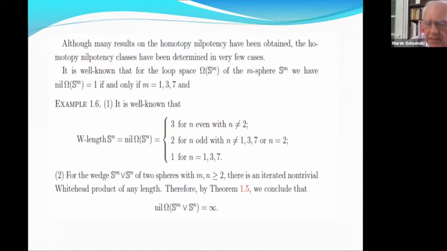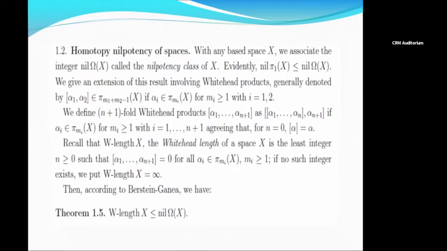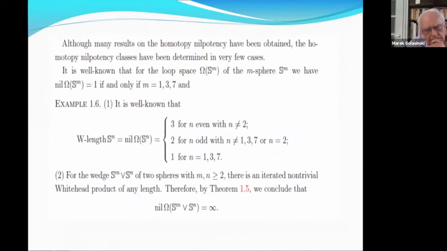This is a consequence of Theorem 1.5, because 5.5 says that Whitehead length is a lower bound for nilpotency. So we have to show that the Whitehead length of a wedge of spheres is infinite.